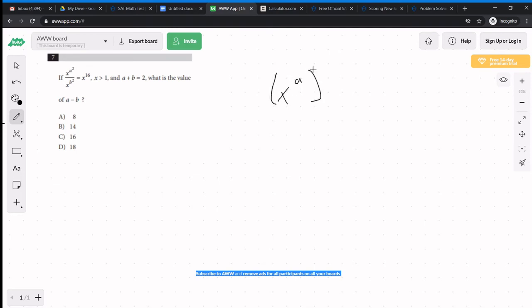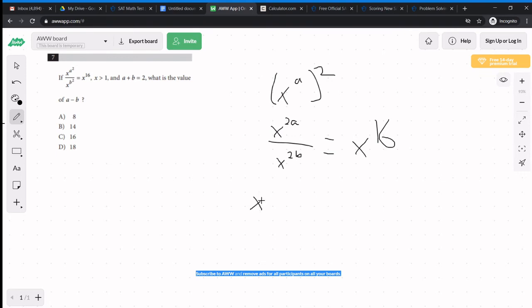You want to bring that inside, moving down a level from exponents to multiplication. X to the power of 2a over x, again, x to the power of b squared. That's going to be x to the power of 2b. We go down from exponents to multiplying, and then equals x to the 16.